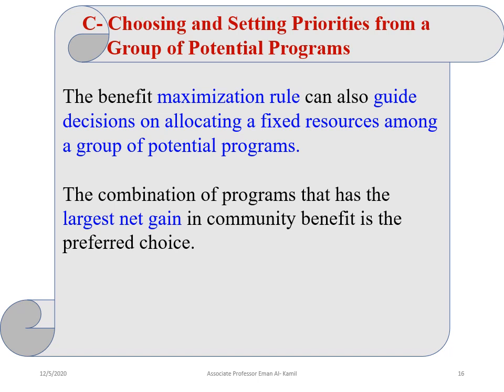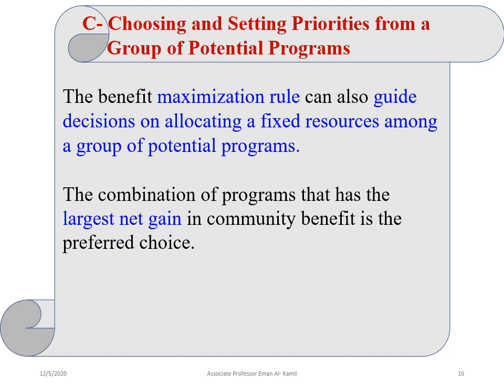So the benefit maximization rule can also guide decisions on allocating fixed resources among a group of potential programs. We have different programs and limited resources, so we rely on cost benefit analysis and prioritization.